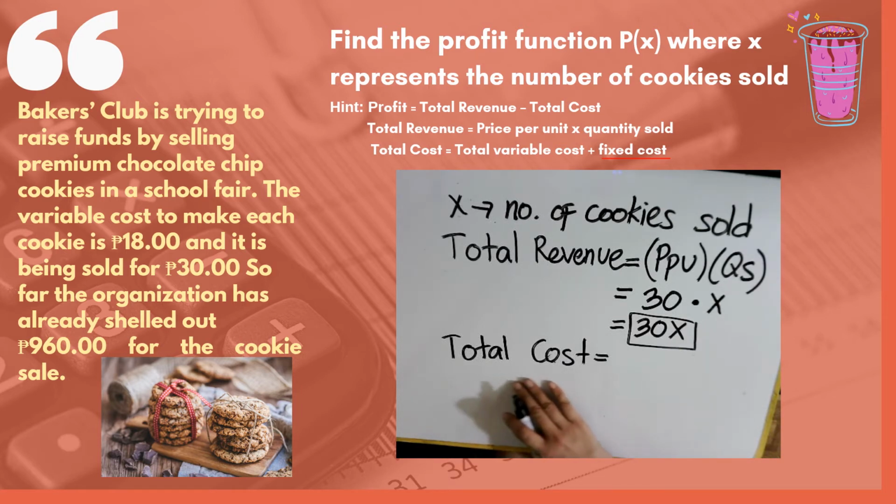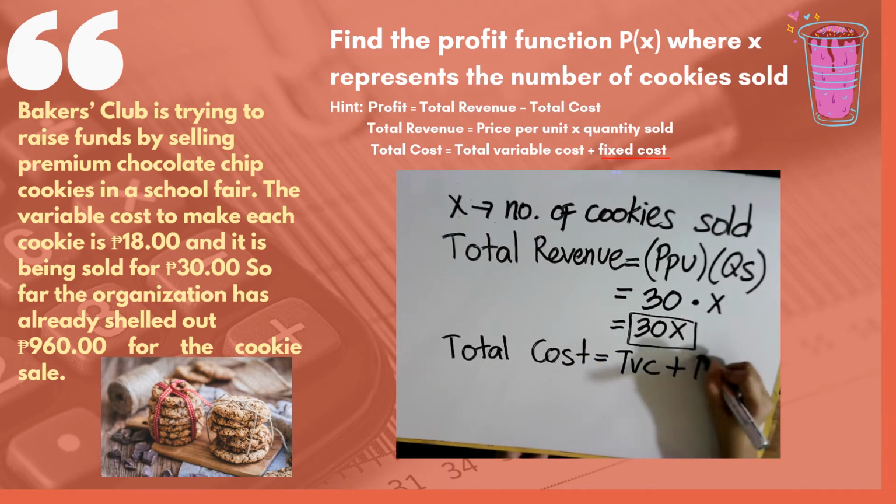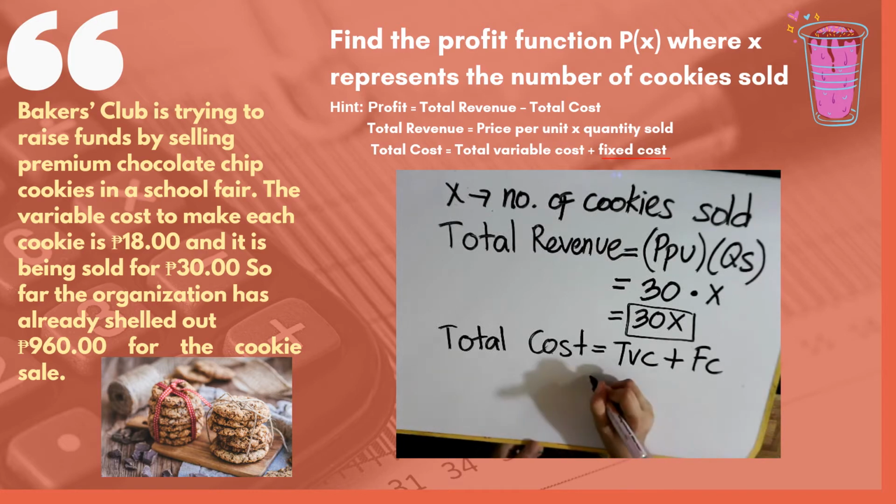Ito naman yung total ng inyong nagastos sa pagtitinda ng inyong cookies. So, ang total cost ay total variable cost plus fixed cost. Okay. So, ang total variable cost ay kung magkano lahat ang inyong gasto sa lahat ng cookies na inyong nagawa. O sa lahat ng cookies na naibenta.